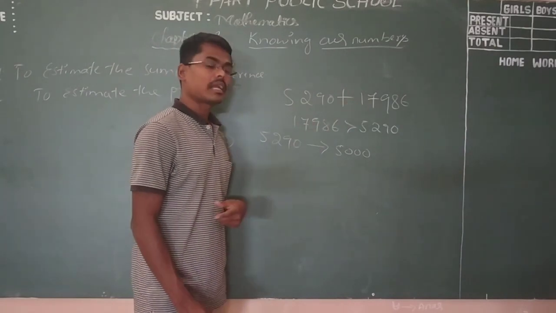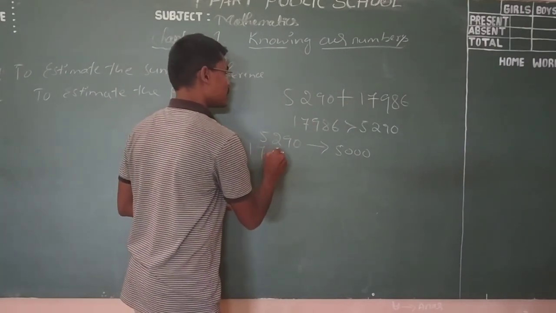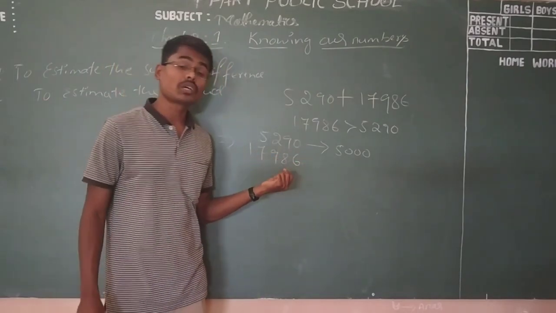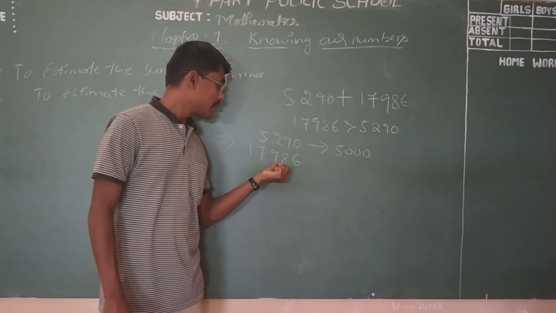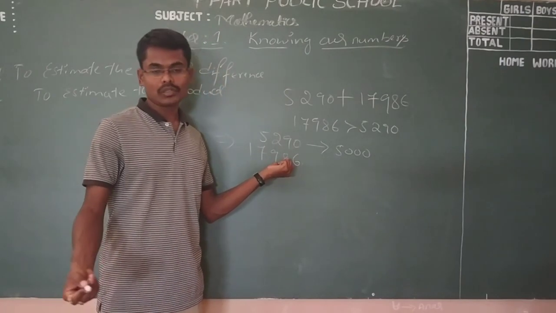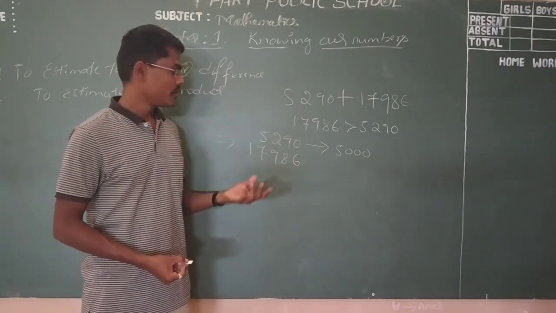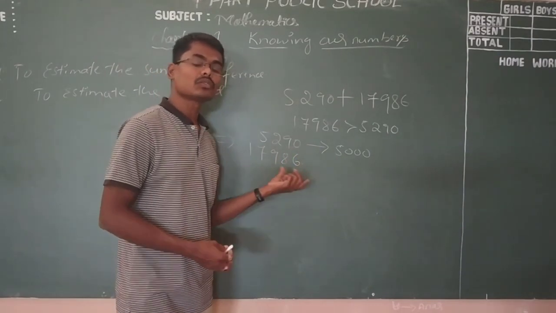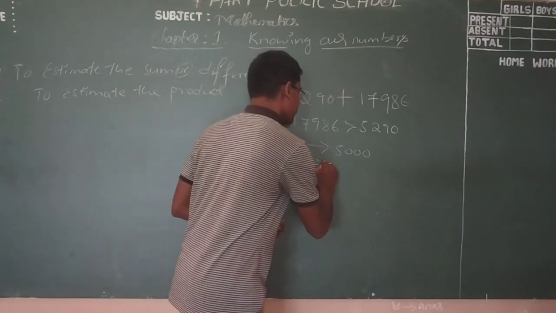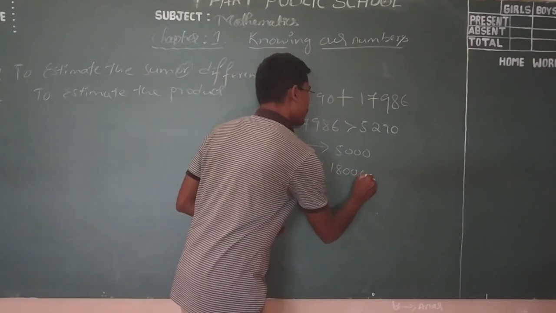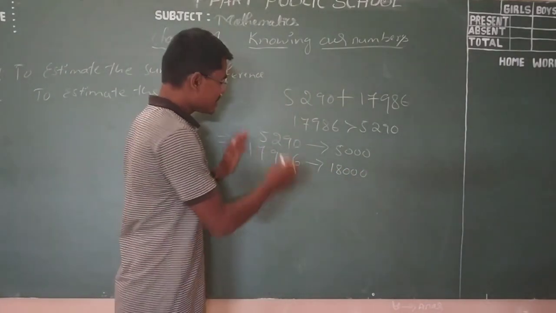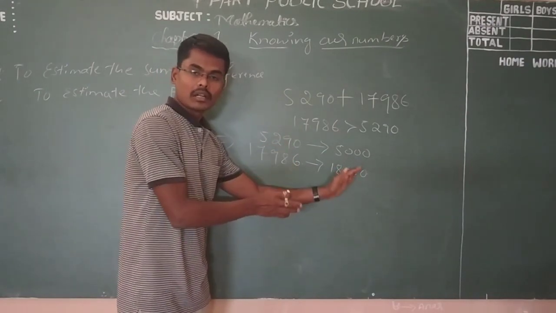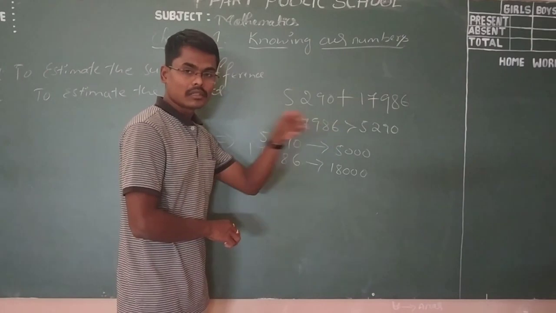Then the other number is 17,986. Now look at the hundreds position. They have given 9, and we know that 9 is greater than 5. For that reason, we are going to round off 17,986 to 18,000. I rounded the given numbers to the nearest thousands.